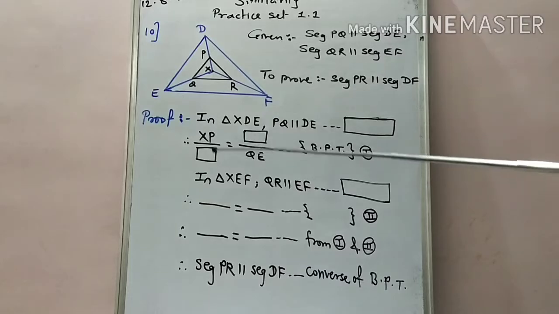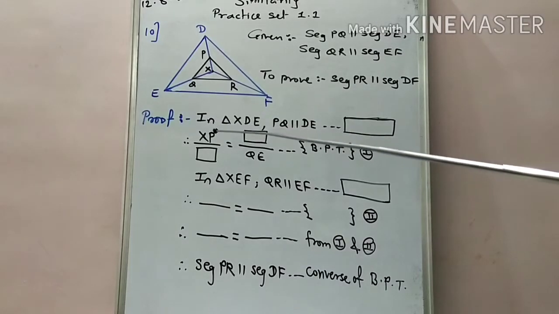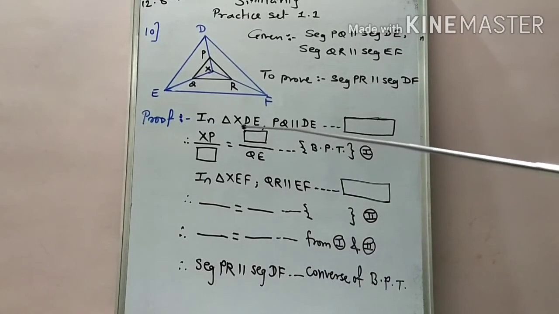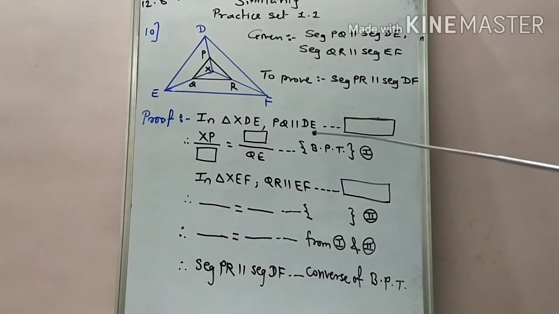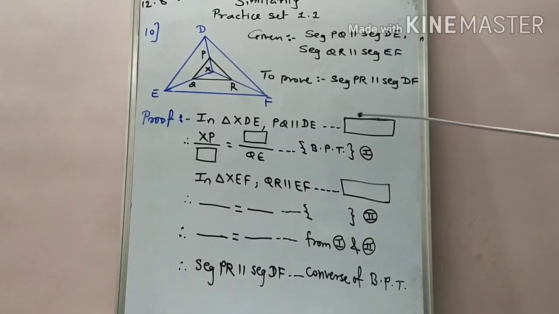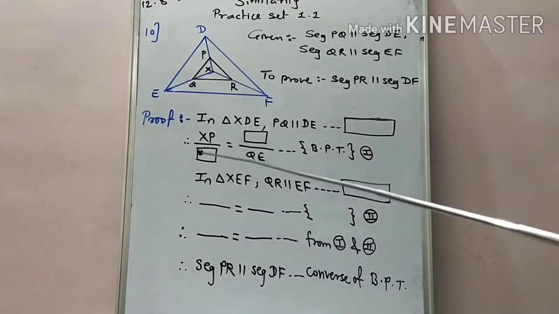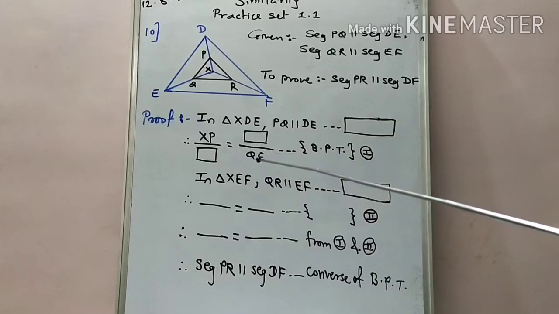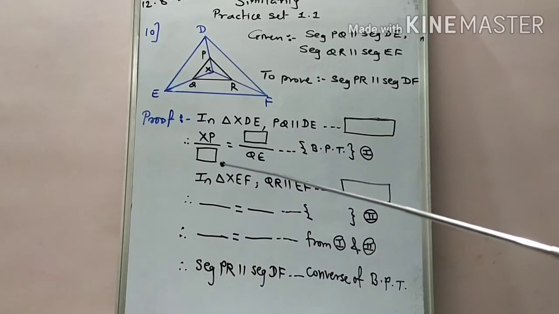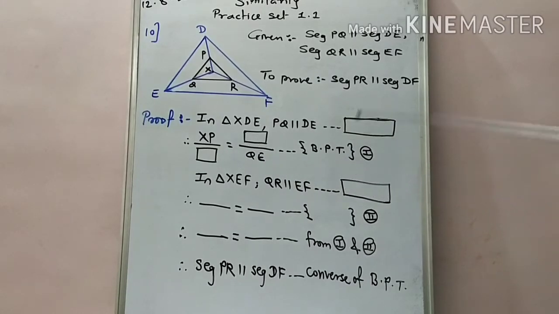So as you notice here, we are given that in triangle XDE, PQ is parallel to DE, and here we have to fill the empty box with the proper reason. Using that, the next step is to fill these empty boxes also, and that reason is BPT.